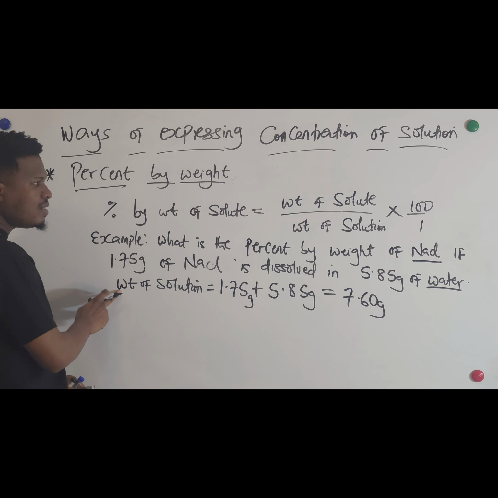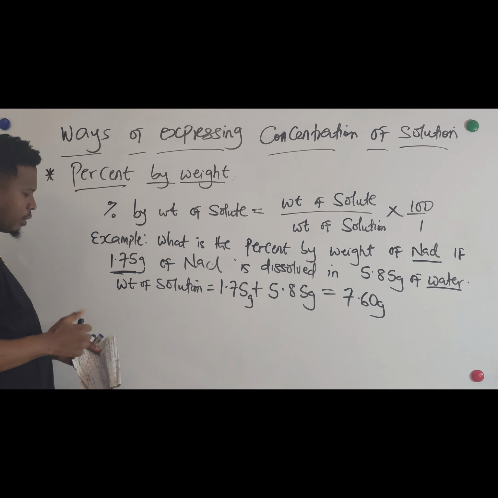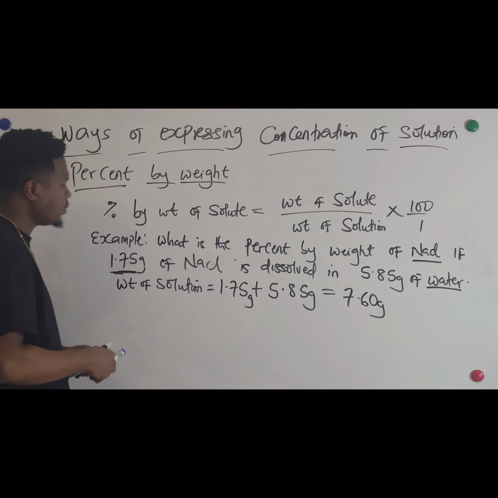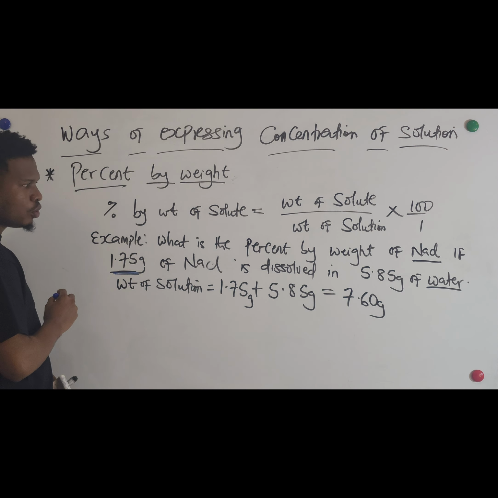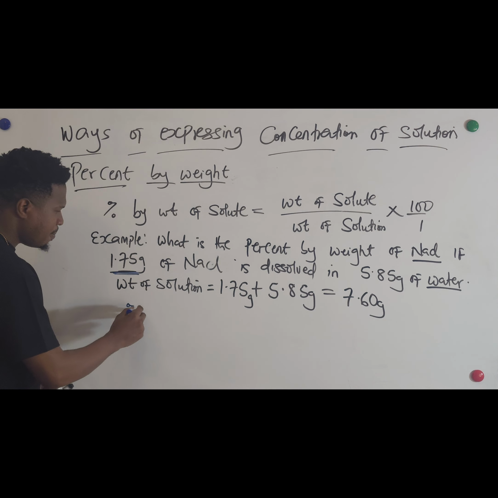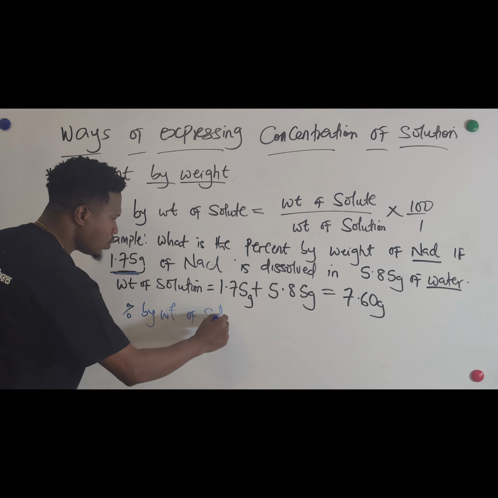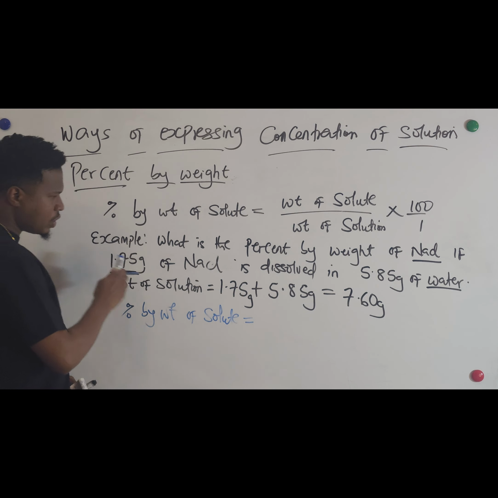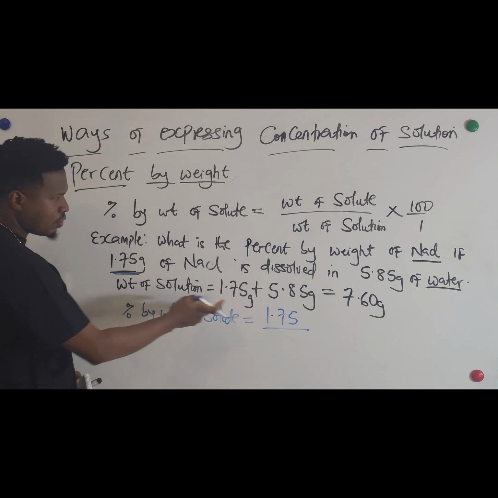Okay, then what is the weight of the solute? The weight of the solute is 1.75 gram. So percent by weight of solute will be equal to that of the solute, which is 1.75, all over that of the solution.